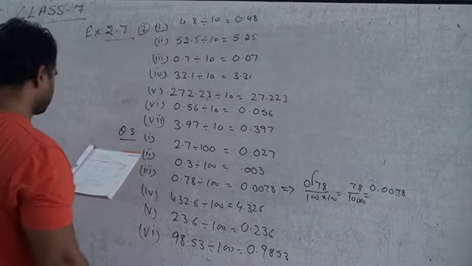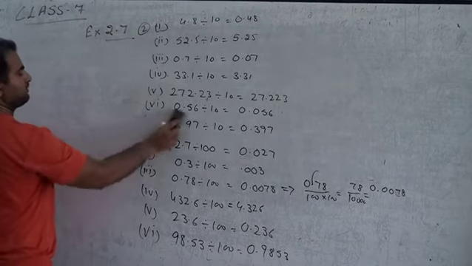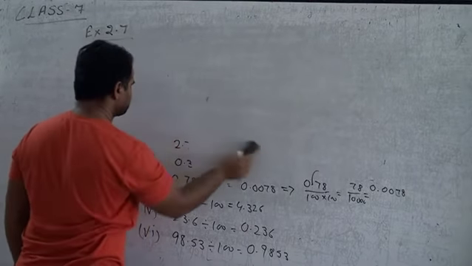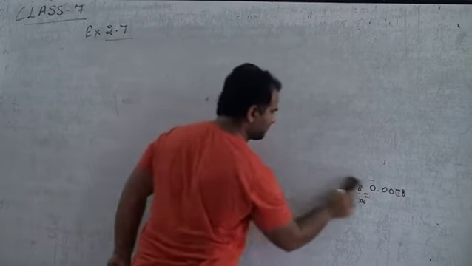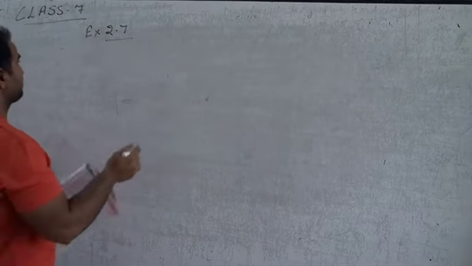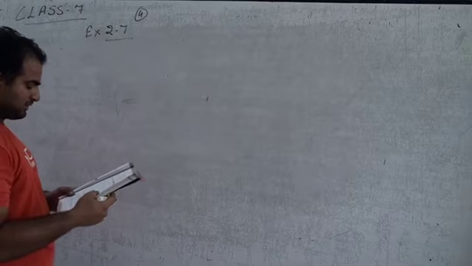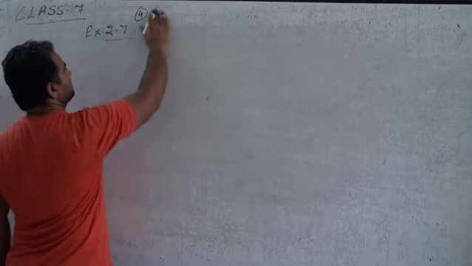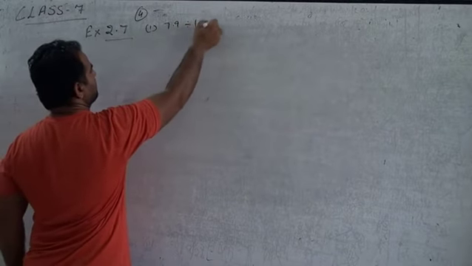Next is question number 4, in which we have to divide by 1000. Question 4, first: 7.9 divided by 1000.